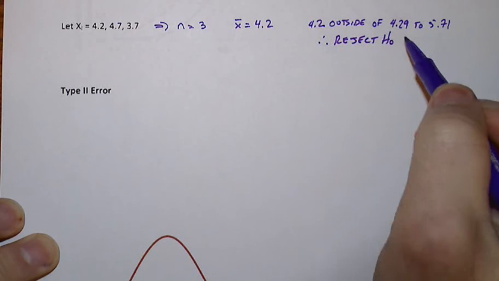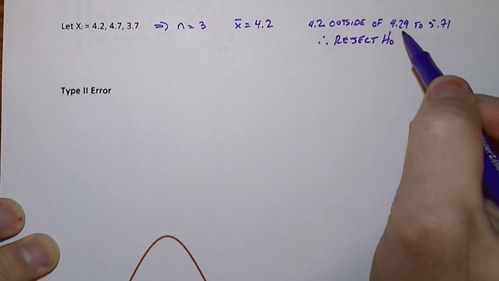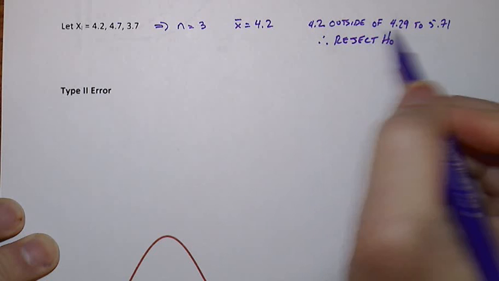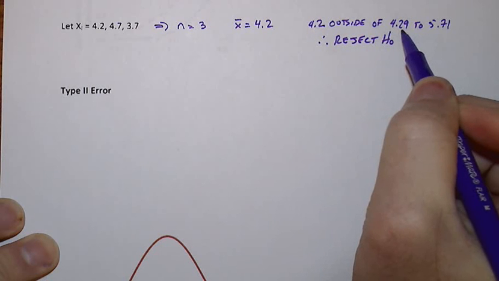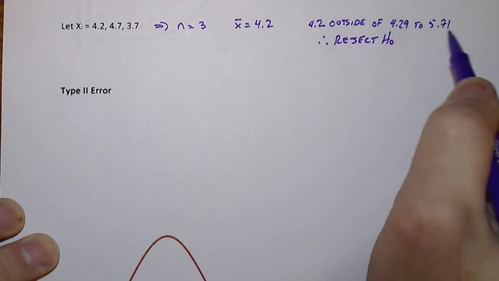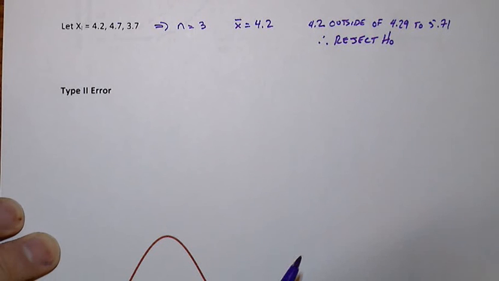Now you get an interesting set of issues if this sample mean was 4.25, 4.28, or 5.72, or how close is close enough is a valid question to ask. Once again, you have to make a decision about how you're going to handle that, creating an operating rule about how you're going to handle that.